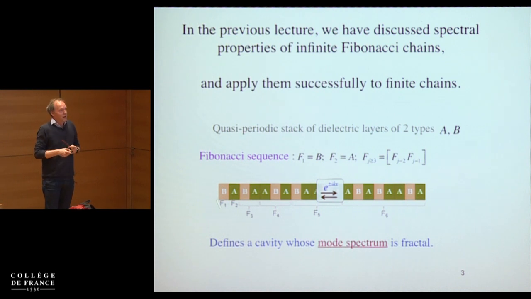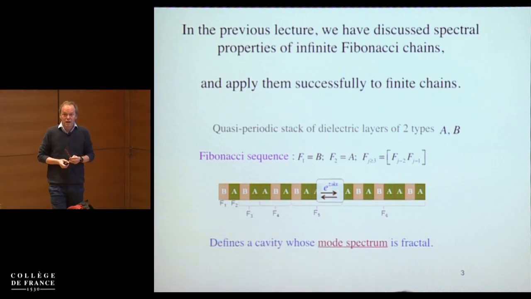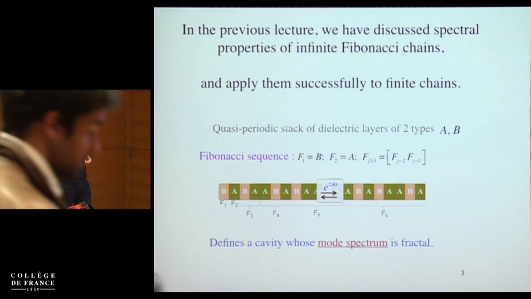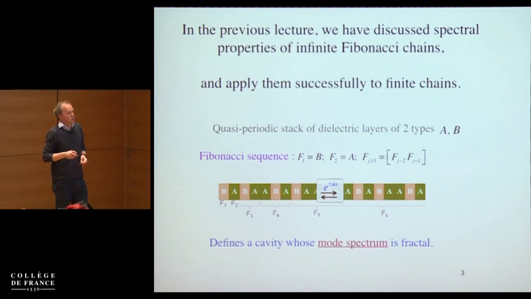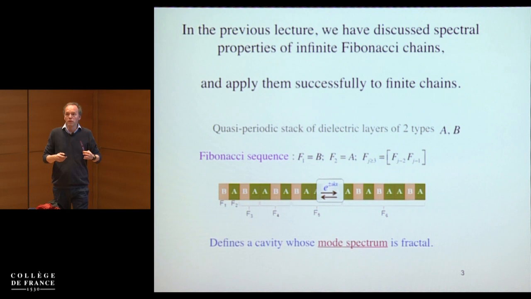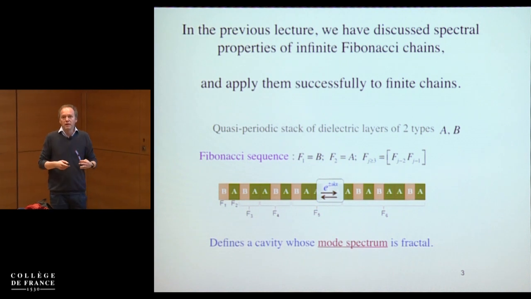Let me recall what is this workhorse that we are using here. It's a quasi-periodic stack of dielectric layers of two types, two letters, A and B, and each of them is a dielectric system with its own width and its own refractive index.